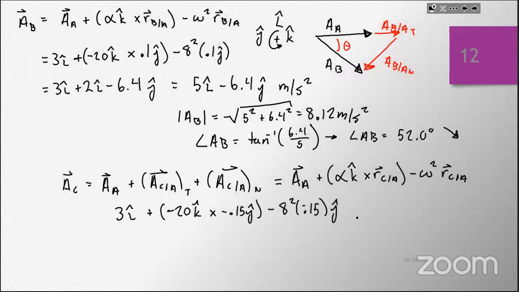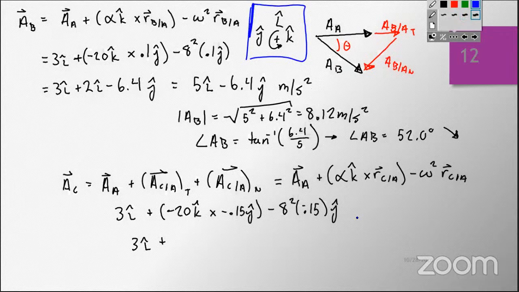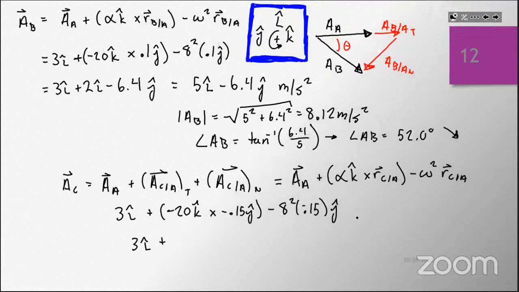Okay. So we do that cross product again. And so 3I plus, well, K cross J. We'll put a box around this so we don't lose it. So K cross J gives me negative I, right?